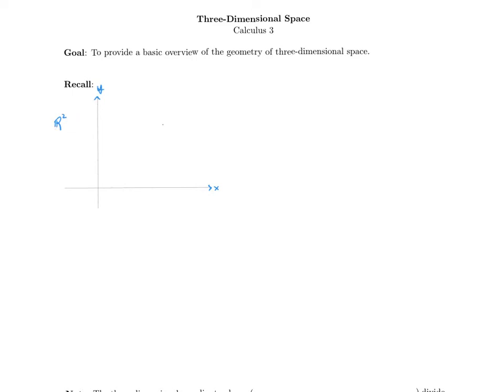Each point in R2 can be represented as an ordered pair, A comma B, where we think of B as being some directed distance from the x-axis, whereas A represents a directed distance from the y-axis.